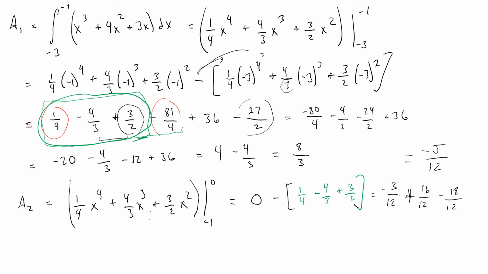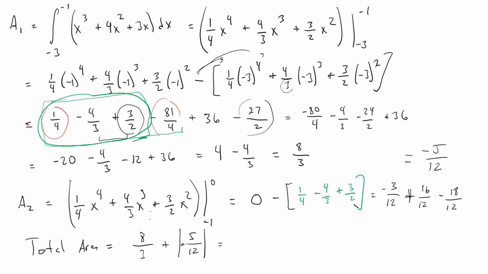All right, so the goal was to find the total area. The total area is A1 plus A2, but A2 needs to be an absolute value because it's negative. So the total area is the sum of the two regions. The area of the first region is 8/3, and the area of the next region would be 5/12, taking the absolute value of the negative 5/12.